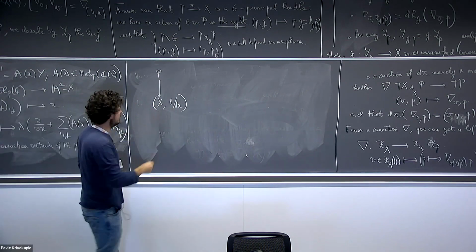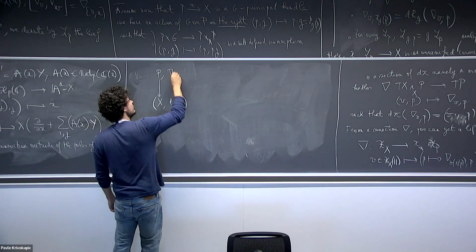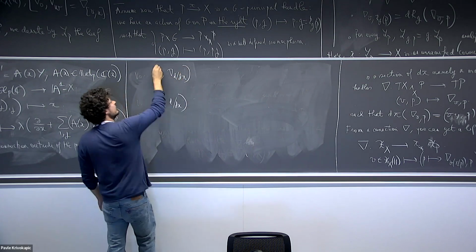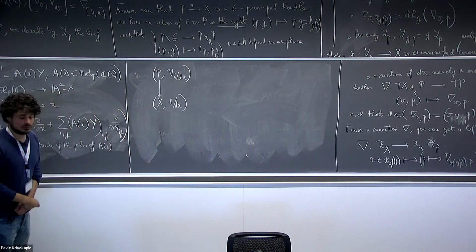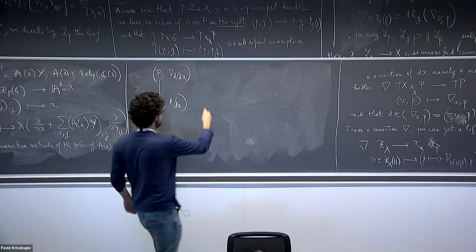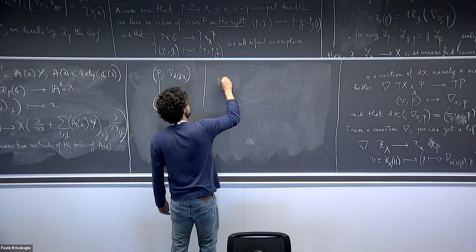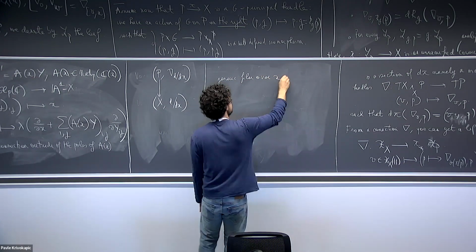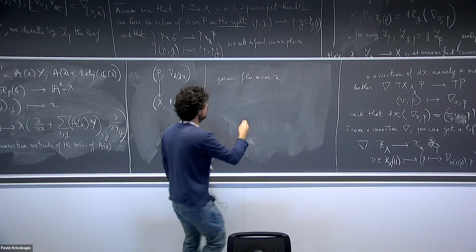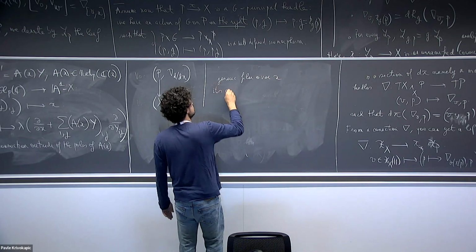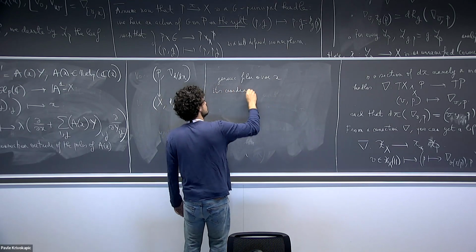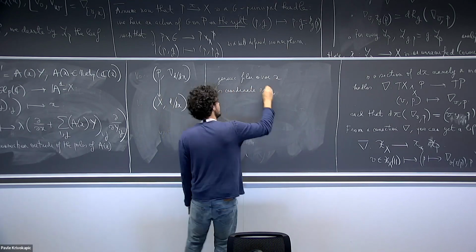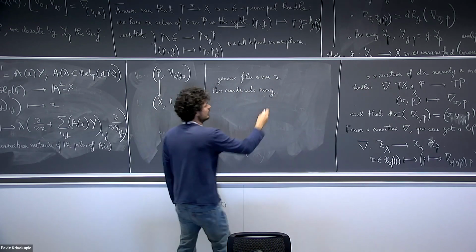You can lift it using this connection to delta d over dx. And if you look at the generic fiber, its coordinate ring is what I denoted R0 last time.